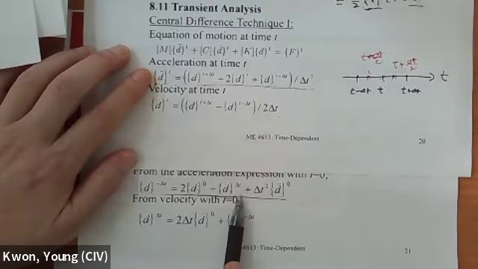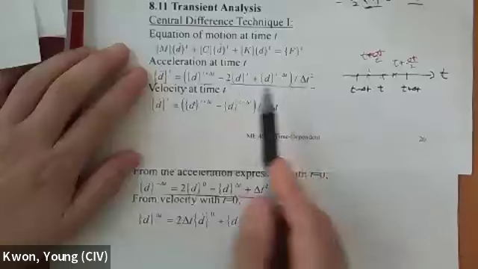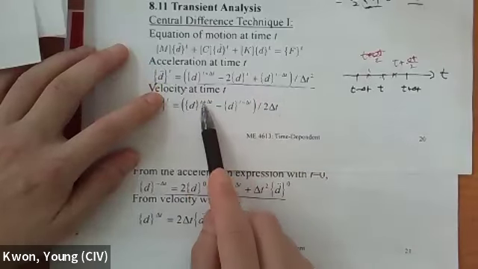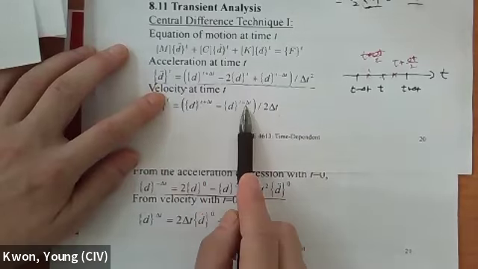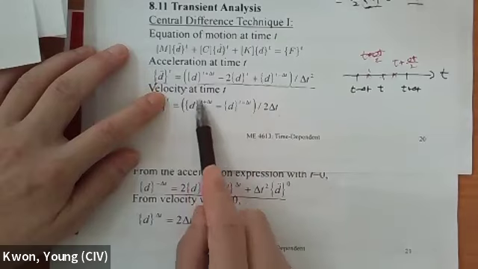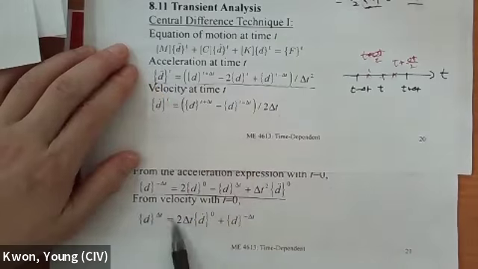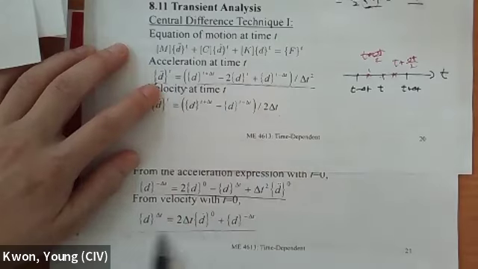Okay, so this from the acceleration, and from velocity. Also, if you set t equals 0, okay, then this 0, this delta t, negative delta t. So put this one here and the rest of them to the other side. So this times 2 delta t plus this. So this is going to be like that.